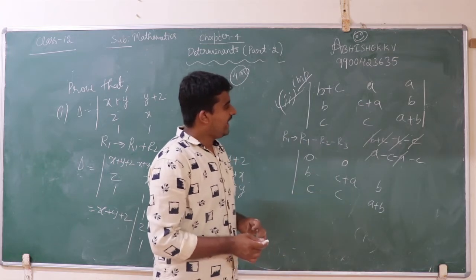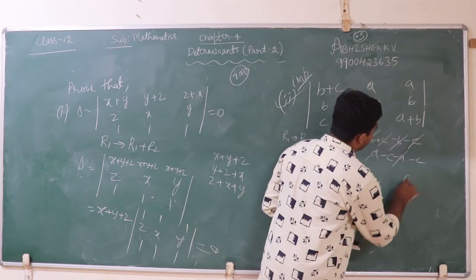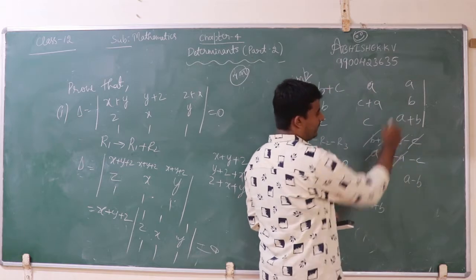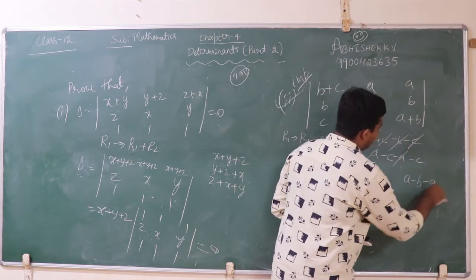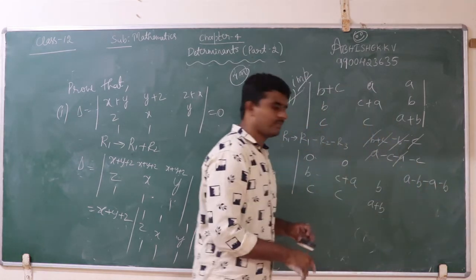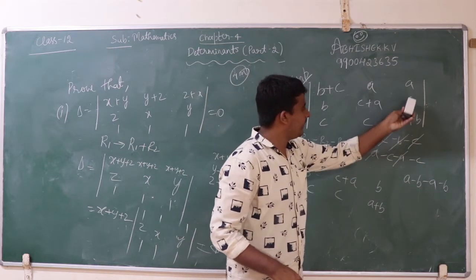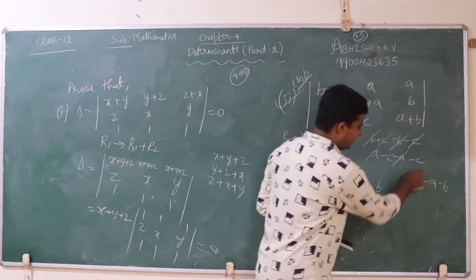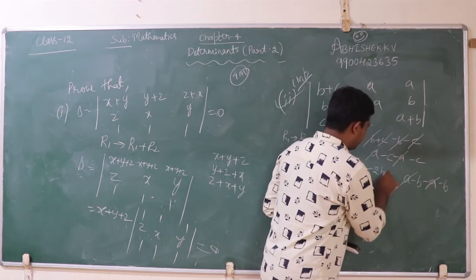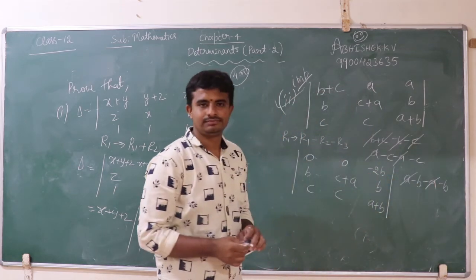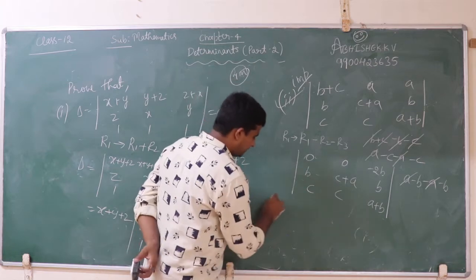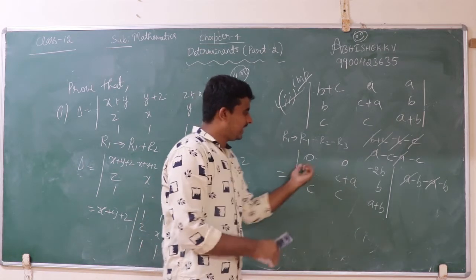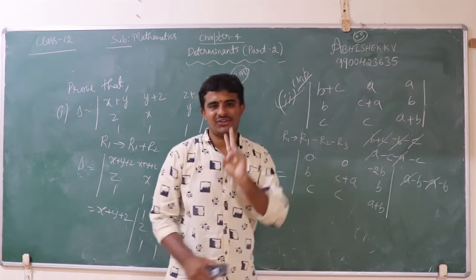Then a minus b minus a minus b minus a minus b: a gets cancelled, and we are remaining with 2b. Is it clear? Then we are getting R1 with two zeros.